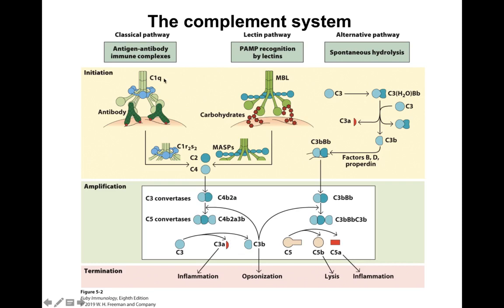So the classical pathway is recognizing antibody bound to a pathogen, and in the lectin pathway, it's a mannose binding lectin that binds to carbohydrates on the surface of a pathogen.